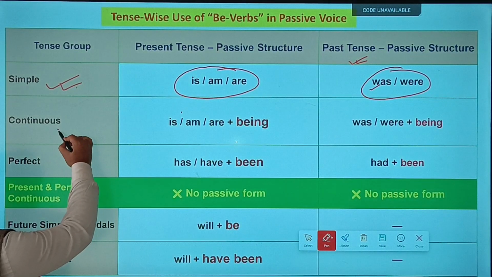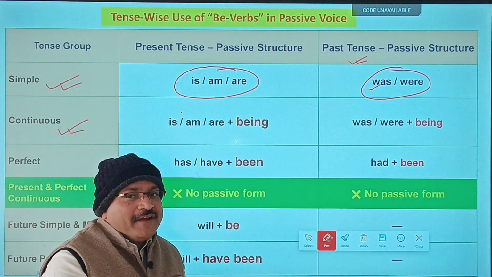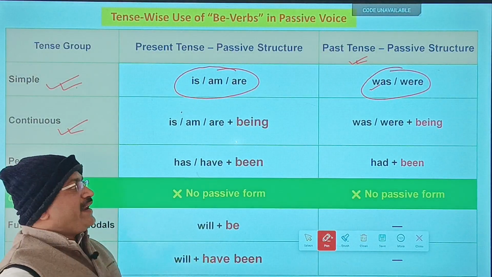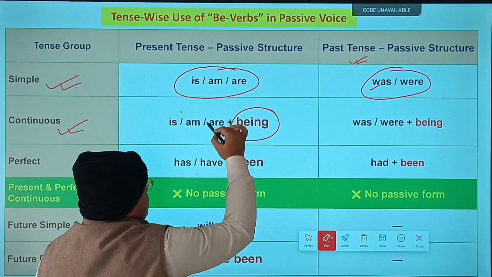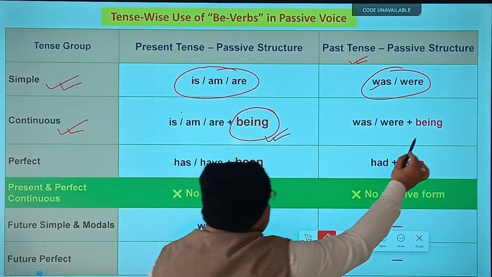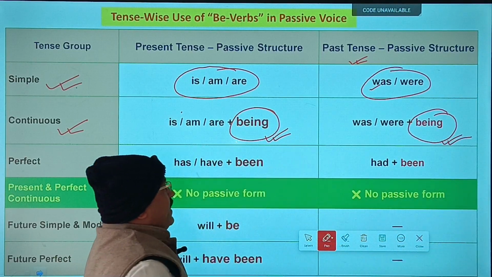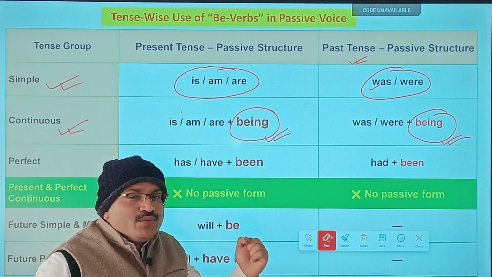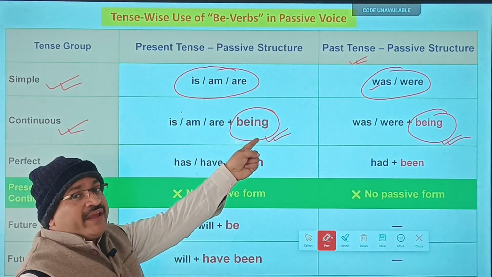Now, when the sentence is continuous tense, whether it is present continuous or past continuous, this is very important. Being is very important. Being. See, that is why I have given this in red. When the sentence is in continuous tense, present continuous, then is, am, are plus being.